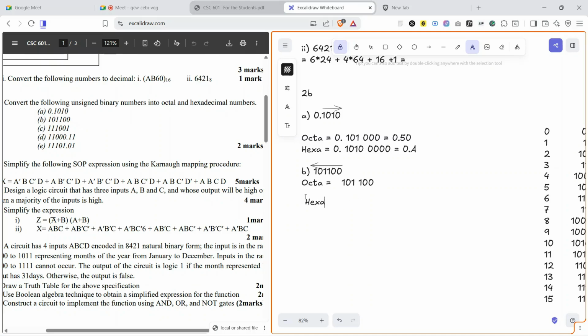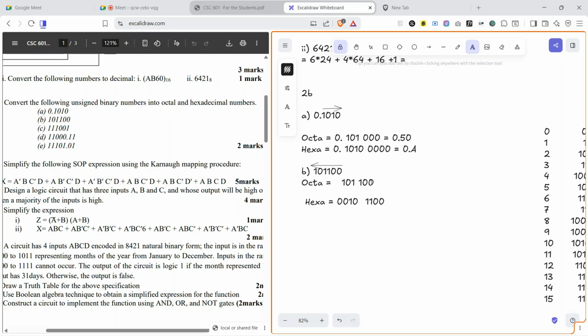The hexa of this would be in fours, so that would be 0, 0, 1, 0, 1, 1, 0, 0. So that is the hexa of this, splitting into 4.